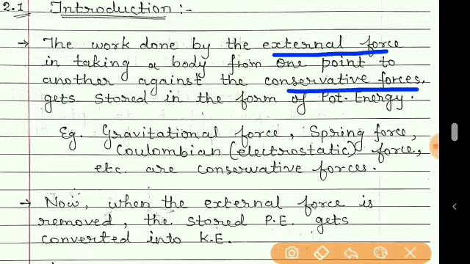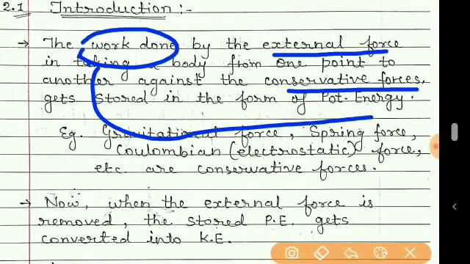And so in such a process work is done, and due to this work done the energy gets stored in the form of potential energy.